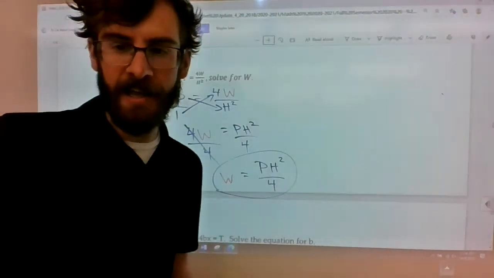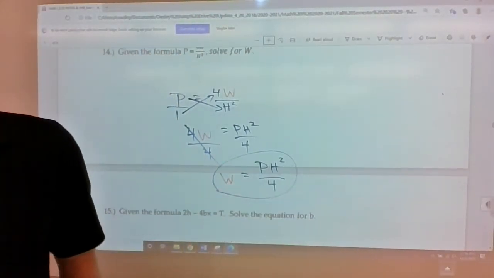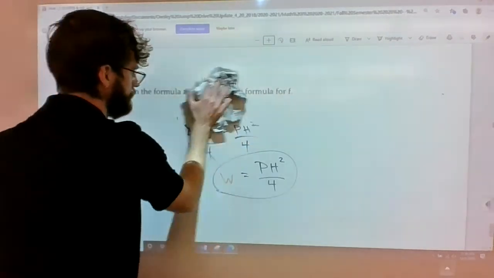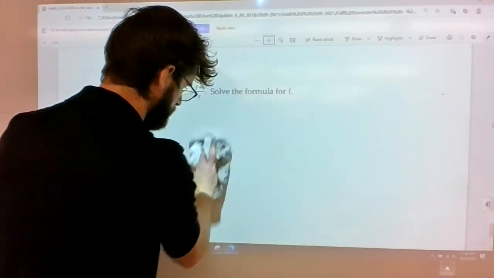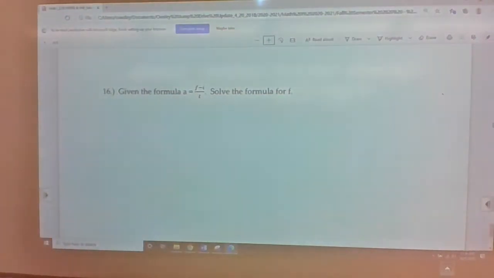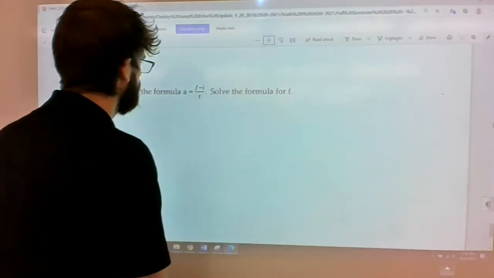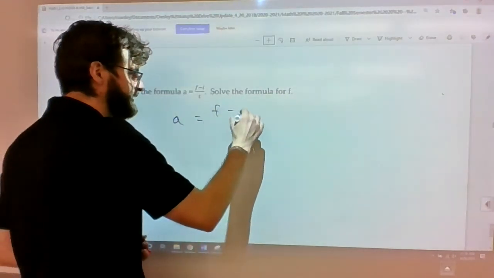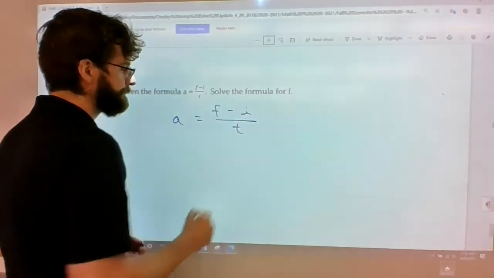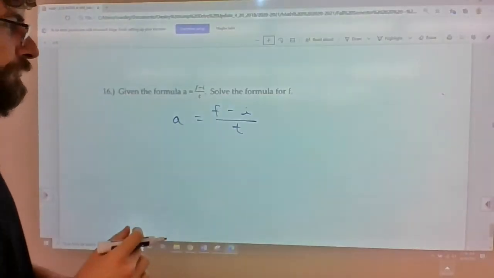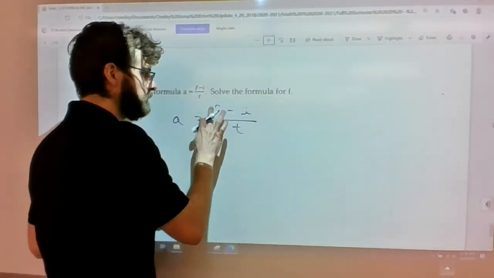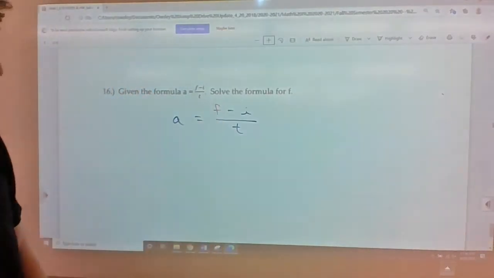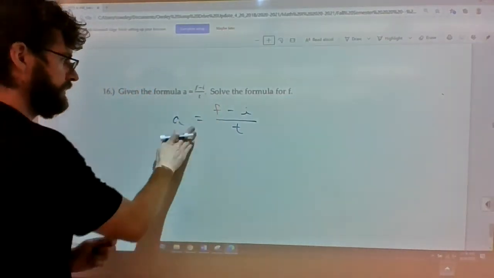All right, last one. Number 16. A equals F minus I divided by T. Solve the formula for F. So I see a fraction on the right and a whole on the left.